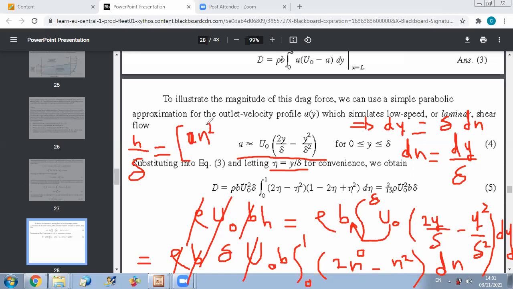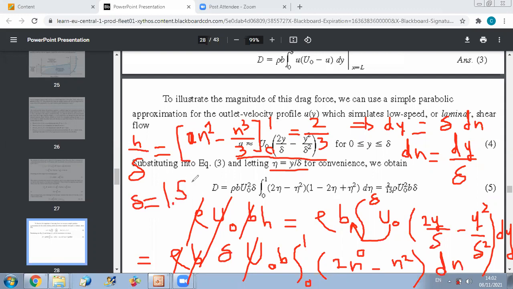Okay, and the integral of n square is minus n cubed over 3. So minus n cubed over 3 between 0 and 1. Now, if you replace by your boundaries, you get 1 minus 1 over 3 equals 2 over 3. So you can deduce that delta, in this example, is equal to 1.5 times h.